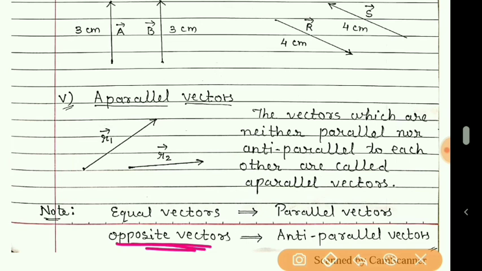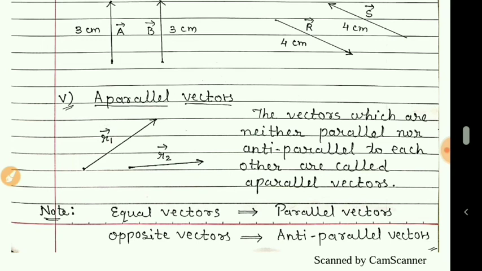Opposite vectors are always anti-parallel, but anti-parallel vectors may or may not be opposite. So again, a single implies sign. If there is a double implies sign like this, it is called a double implies sign. If the double implies sign is there, then both the ways are correct.